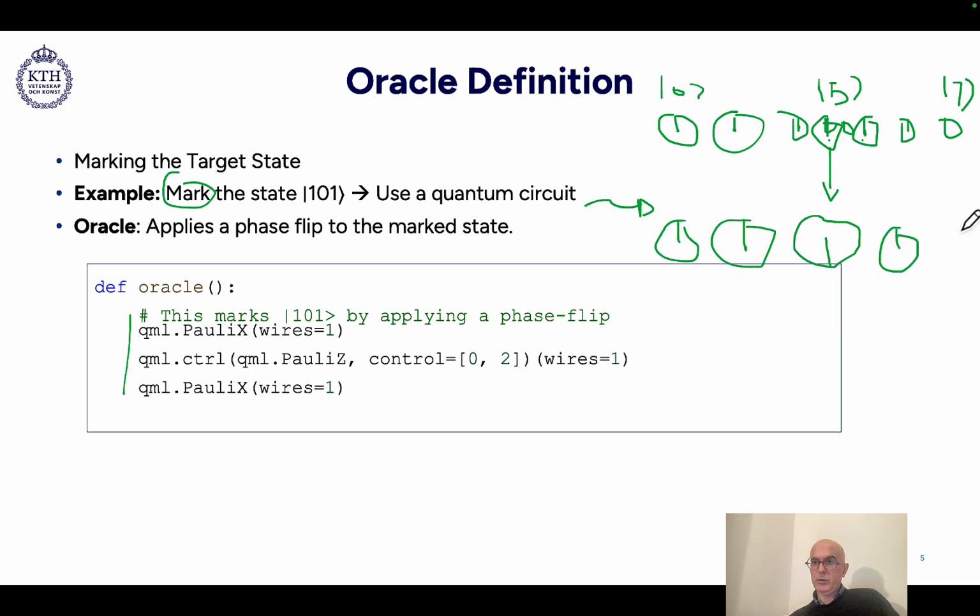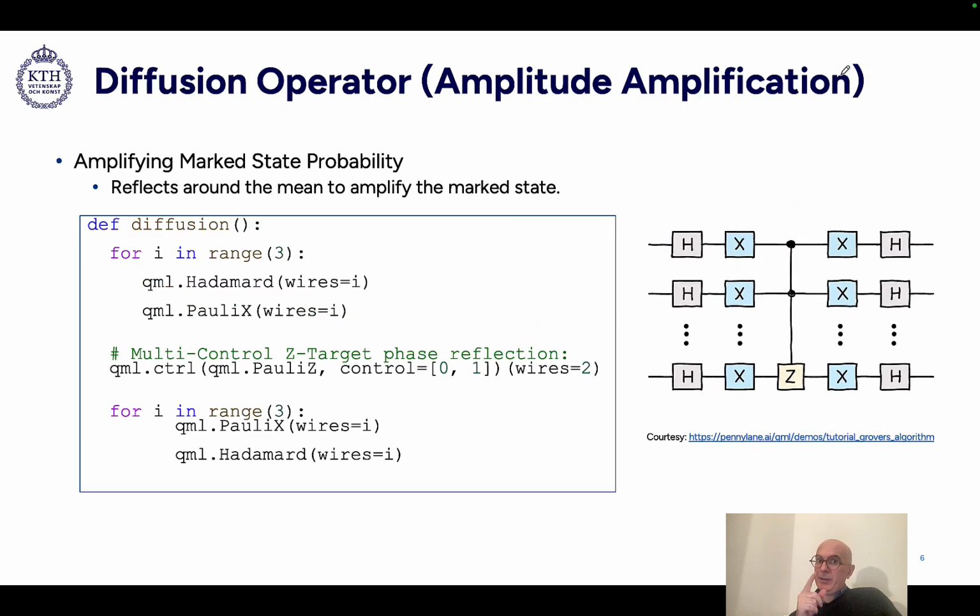So we have this one quantum state that has a flipped phase. And the way to do that is to build a quantum circuit as shown here. You need to trust me that the effect of this quantum circuit is to flip the phase of quantum state 5 in the computational basis. So this is the first step.